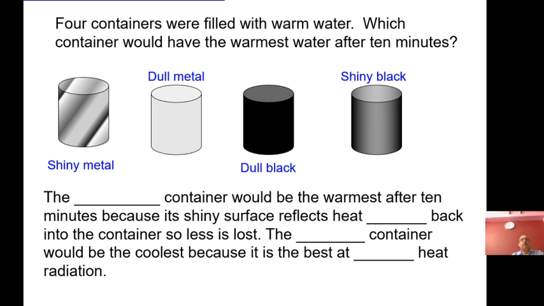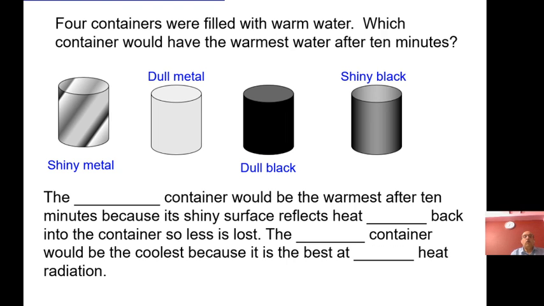Now here we have two experiments. The first one is the emission experiment. Here we have four containers, one made of shiny metal, the other cylinder made of dull metal, then dull black, then shiny black.